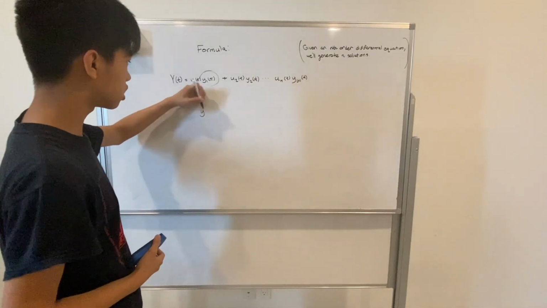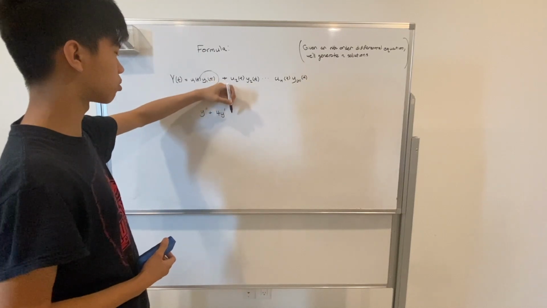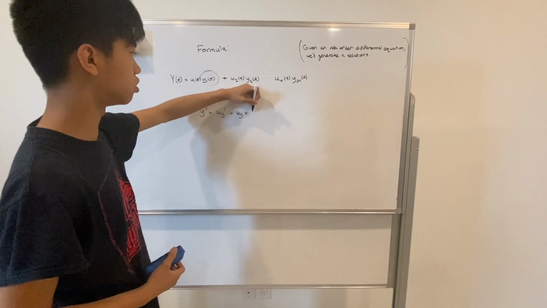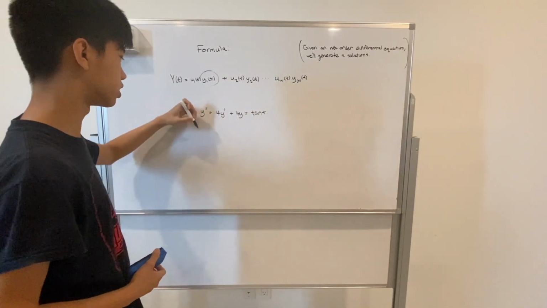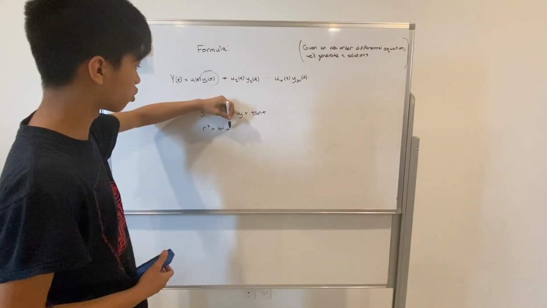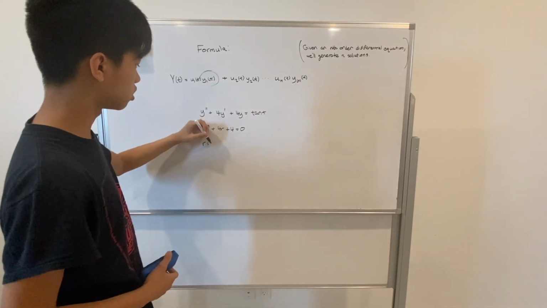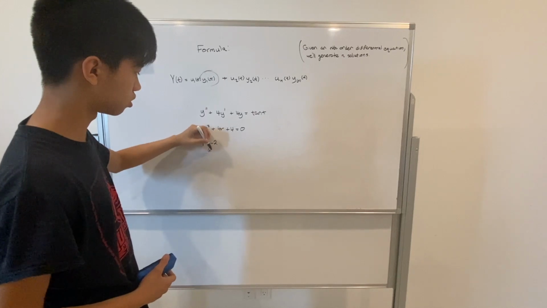So let's say we have a simpler differential equation, y double prime plus 4y prime plus 4y equals tangent of t. We already know how to find the characteristic solution. That's r squared plus 4r plus 4 set equal to 0, and we get r equals negative 2 of multiplicity 2.